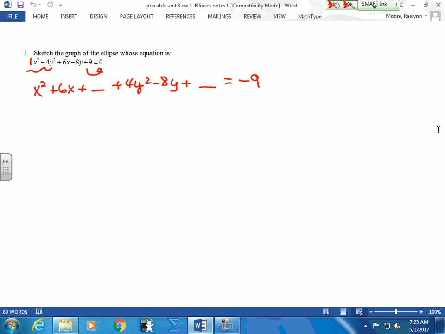Eventually, we want that side equal to 1. Unless it's a circle, we can leave it. Since we added twice, we're going to add twice here. Good so far?